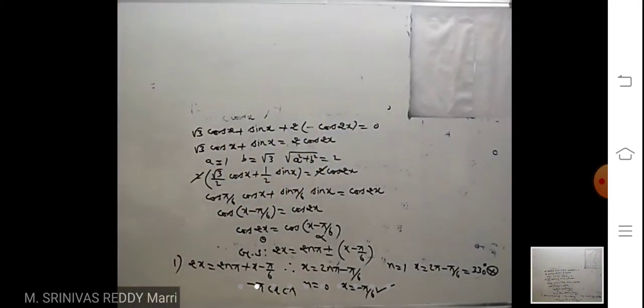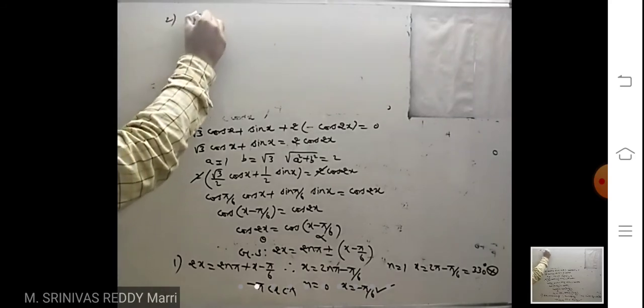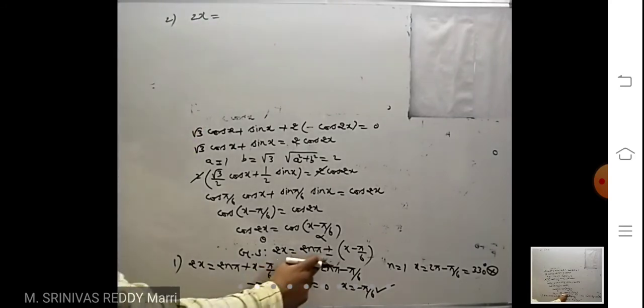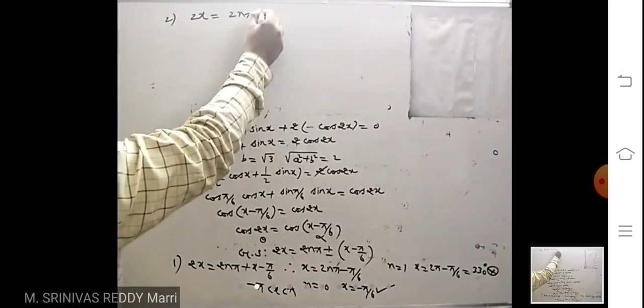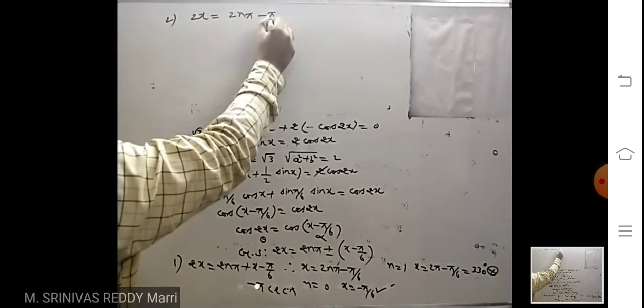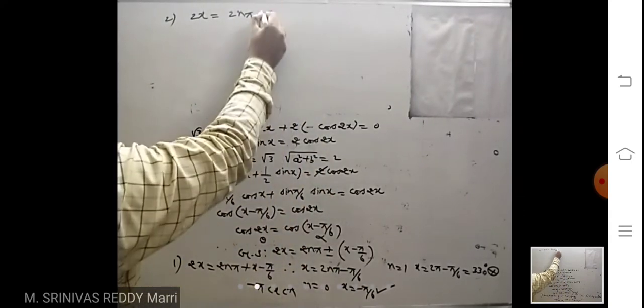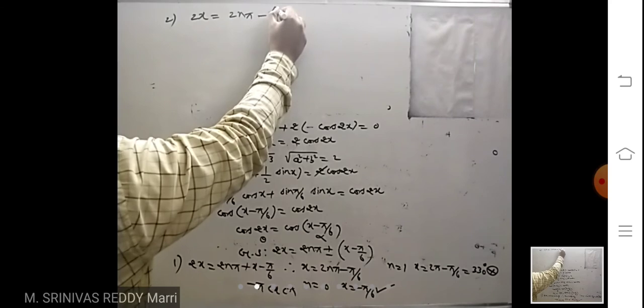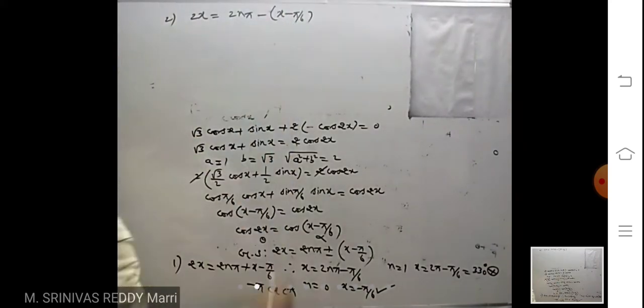Now second case, 2x equal to minus 2n pi minus x minus pi by 6.